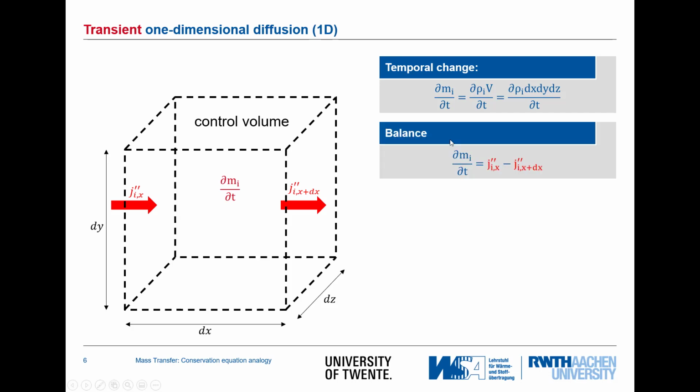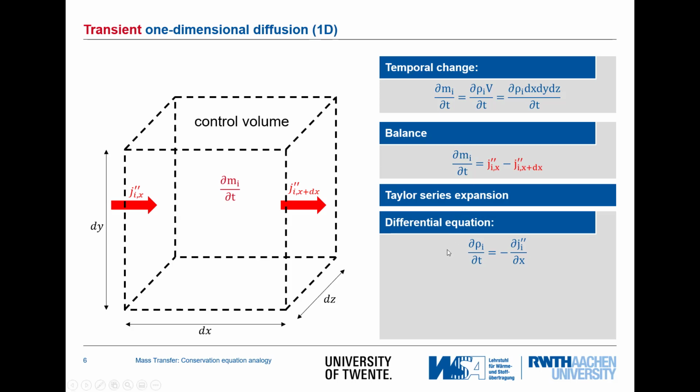Now, from the balance, again, now we have not 0 on the left side, but the change of the mass with respect to time is equal to the balance of the flows. Utilizing again Taylor's series expansion, we end up with the following equation.